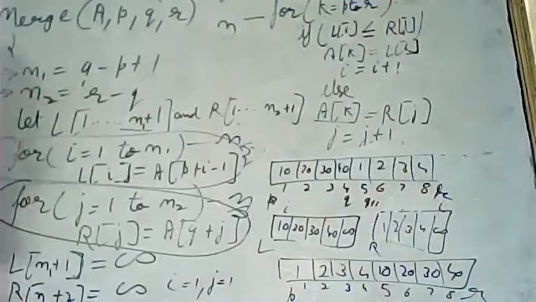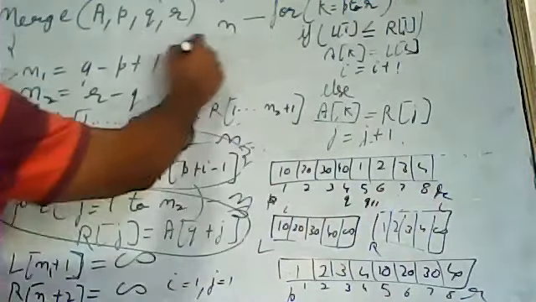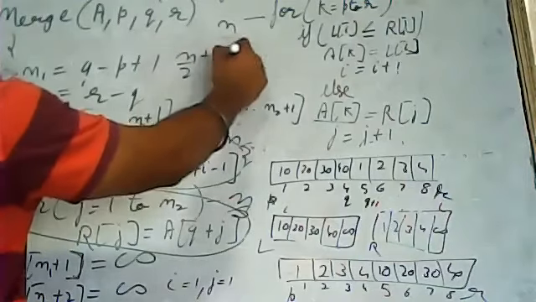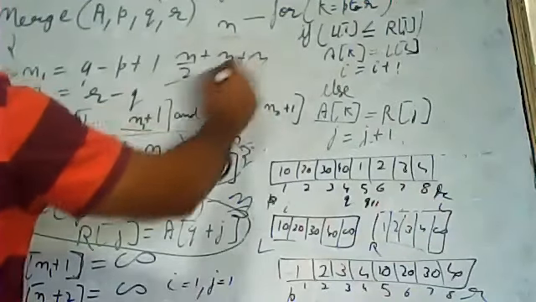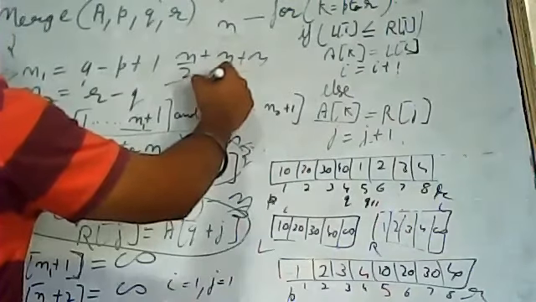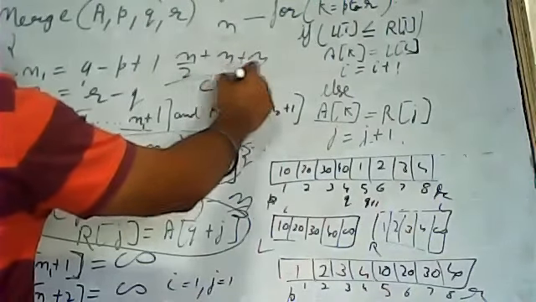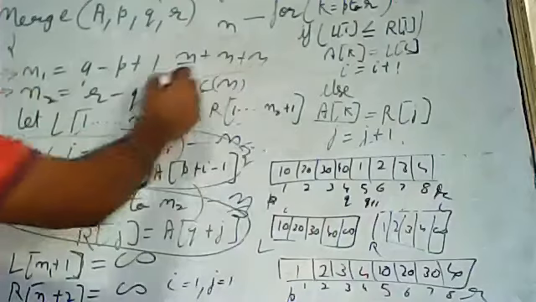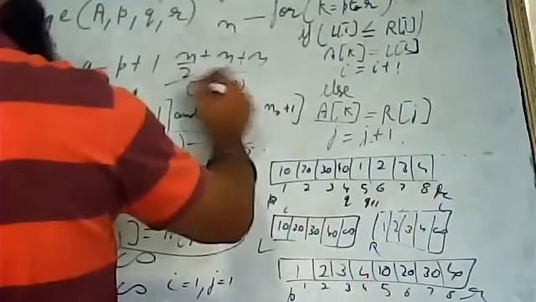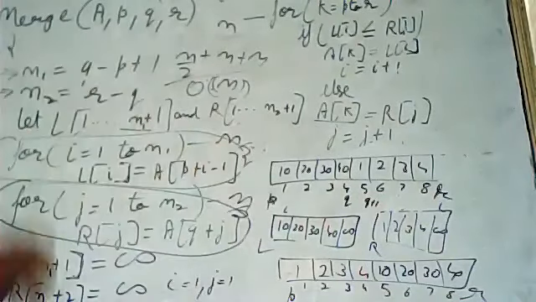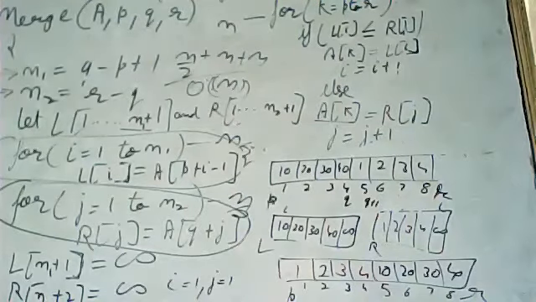This loop will run for n elements. So if we add all these, n by 2 plus n plus n, this will become some constant times n, and constants can be ignored. So this whole procedure will take order of n time. This merge procedure alone will take order of n time.